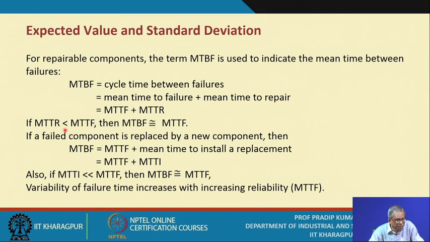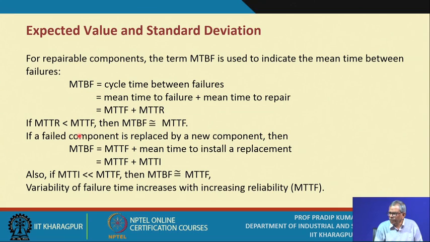If MTTR is less than MTTF, then MTBF is almost equal to MTTF. Are you getting my point? That means what we are telling you is that MTBF equals MTTF plus MTTR. Now supposing this repair time is almost negligible, is it okay? It's very less.